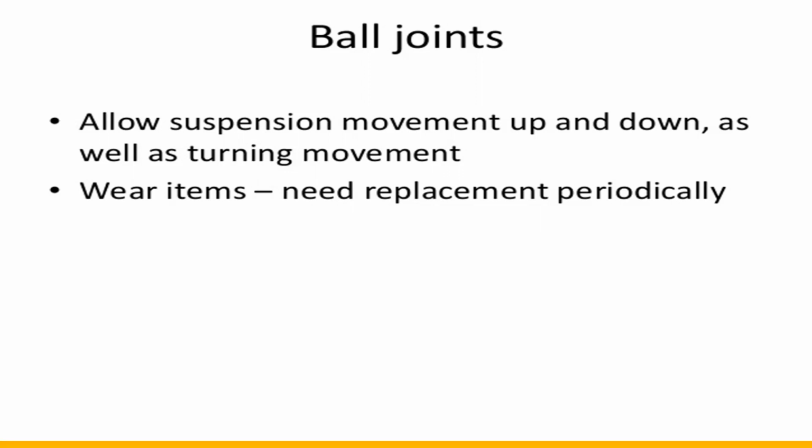At that moment, these ball joints give very good suspension to the vehicle, with up and down motion as well as turning movements. If wear occurs on these ball joints, we should replace them in the vehicle.